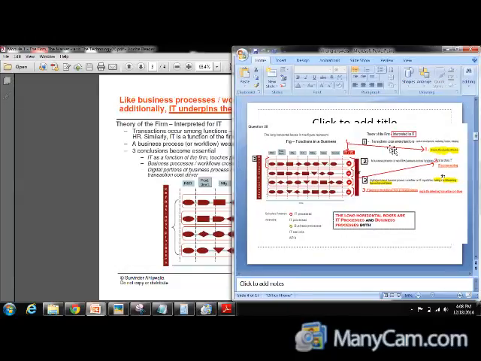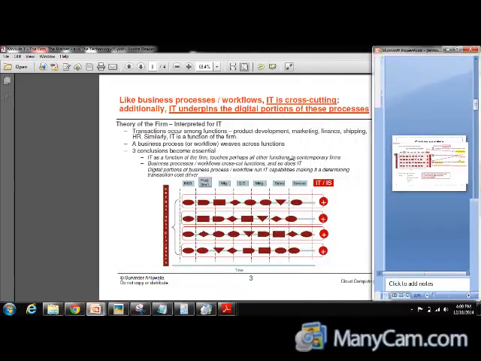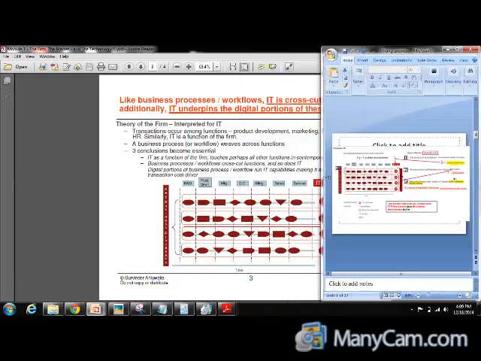First, transactions occur amongst functions, and product development, marketing, finance, shipping, HR, etc. are functions. Similarly, IT is a function. So all of these are functions, and IT is also a function. That is the first takeaway from the theory of firm interpreted for IT.